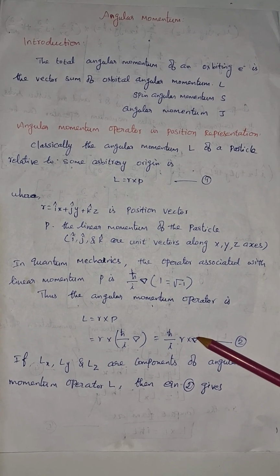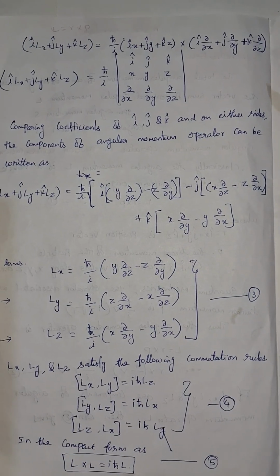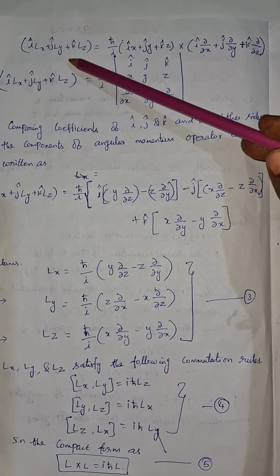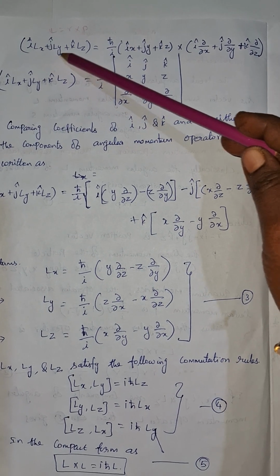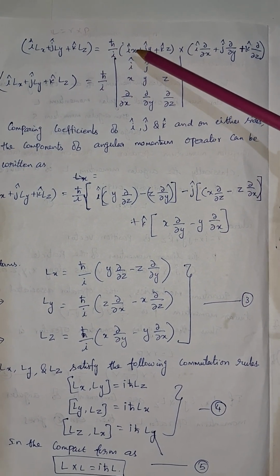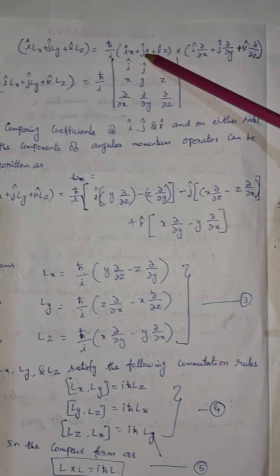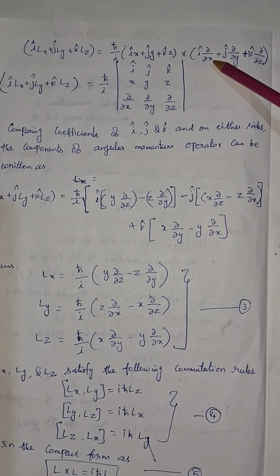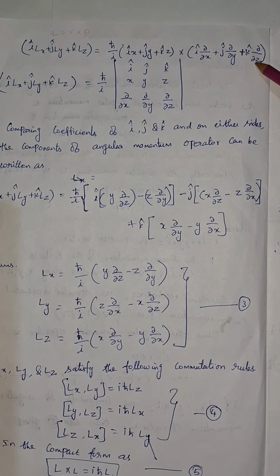This equation 2 can be modified as, equation 2 is L equivalent to r cross P, where L is i cap Lx, j cap Ly and k cap Lz. r is the position vector, and h cross by i from equation 2. So this is the position vector cross the momentum vector P, i cap into dou by dou x plus j cap into dou by dou y plus k cap into dou by dou z.